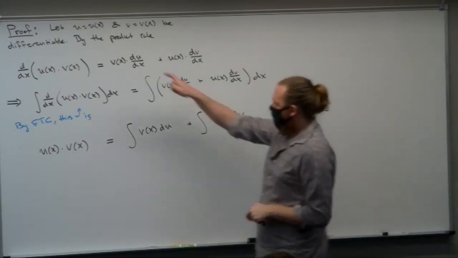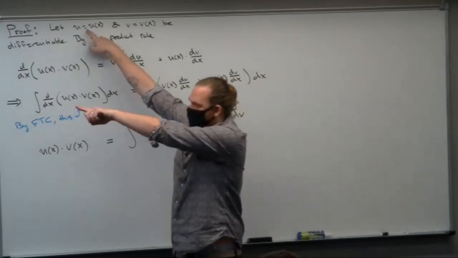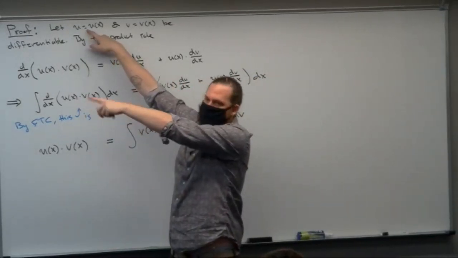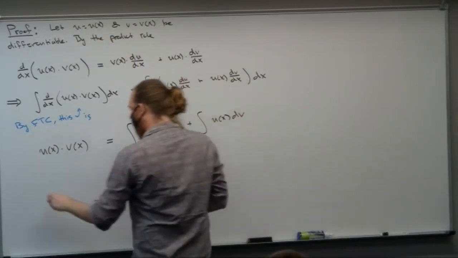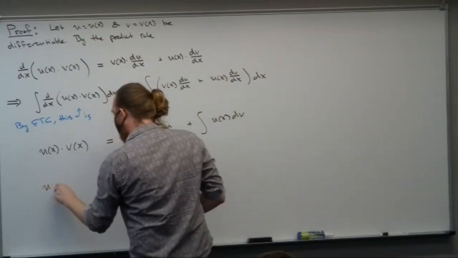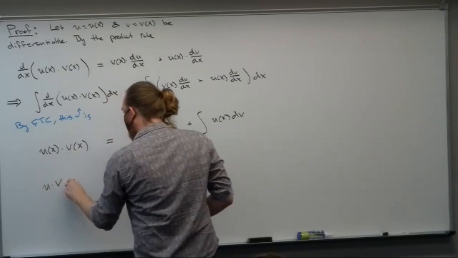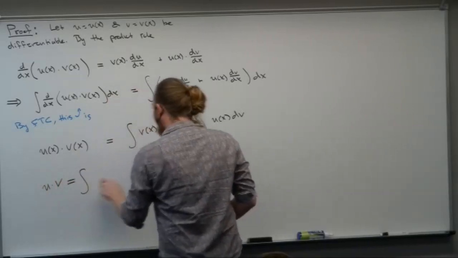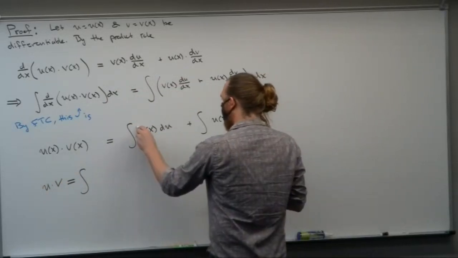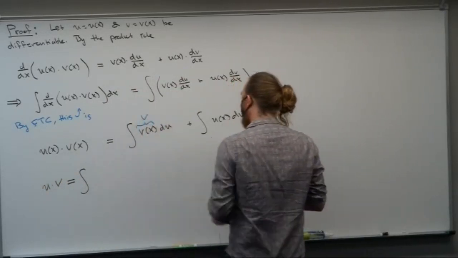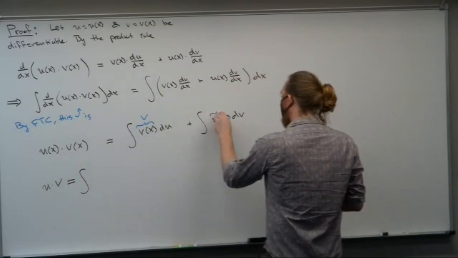Now, the notation we use over there, we're just writing u's and v's, rather than u of x and v of x. What this says is u times v equals the integral of v of x is just u. The only reason I've been writing the of x is to emphasize that these are functions of x.